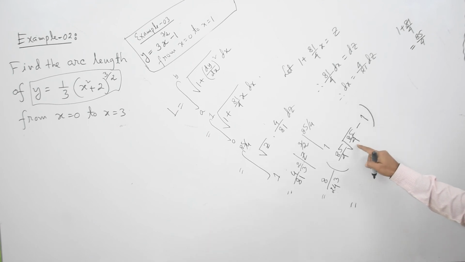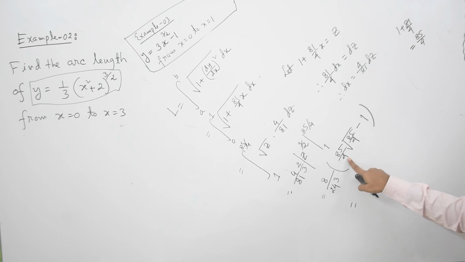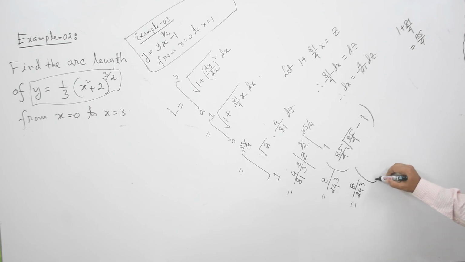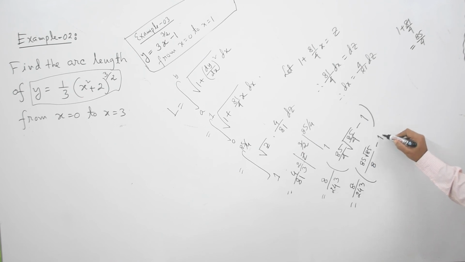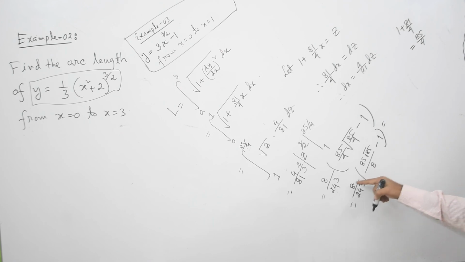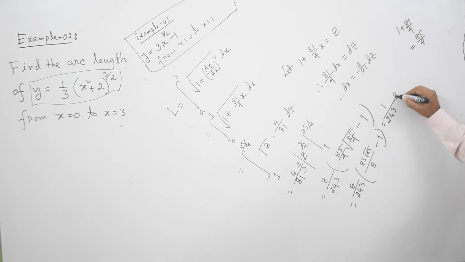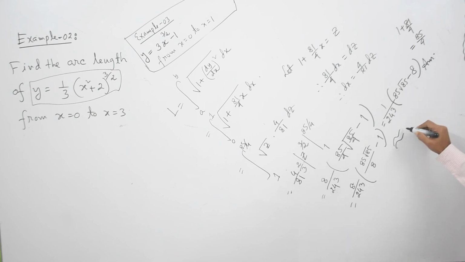So this equal, you see 2 is here and 4 is here. So we have 8 in the denominator, 8 by 243. So here we have 8 and 85 root 85 minus 1. This equals, 8 and 8 will cancel. So we have 1 by 243, 85 root 85 minus 8. So this is the answer, or you can approximate it by using your calculator.